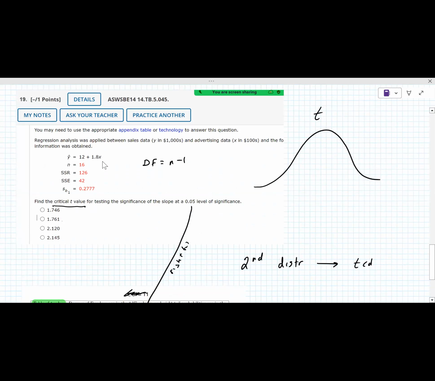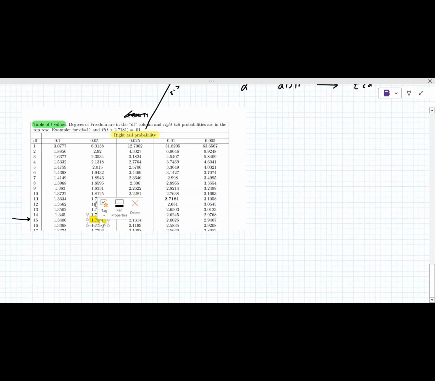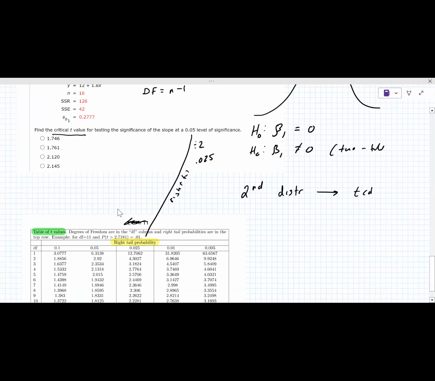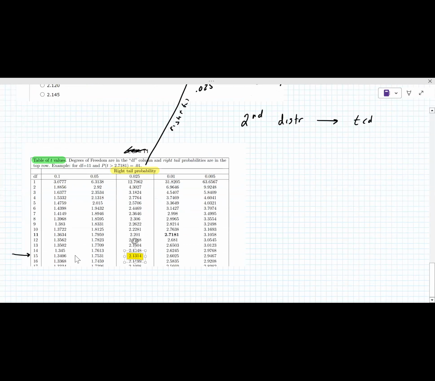That's the issue. I remember we wrote beta 1 equals 0 for the null hypothesis, and the alternative was beta 1 not equal to 0. That's a two-tailed test, so you have to split this in half, 0.025. So we're now looking there under the 0.025 column. So 2.131, which again is not there. What is going on here?